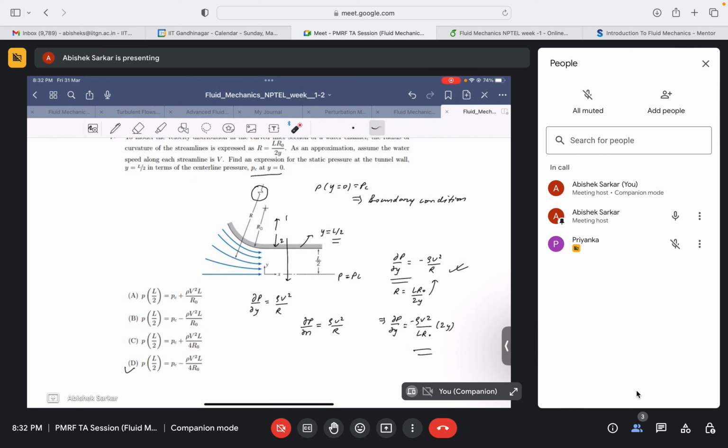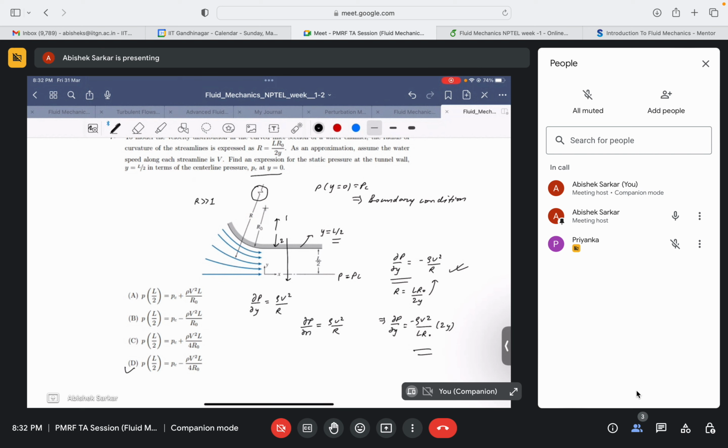The radius of curvature of a particular streamline, r, is a variable, and it varies with respect to the center of curvature of this pipe, which is too large. So r is very large compared to 1, just the standard value.